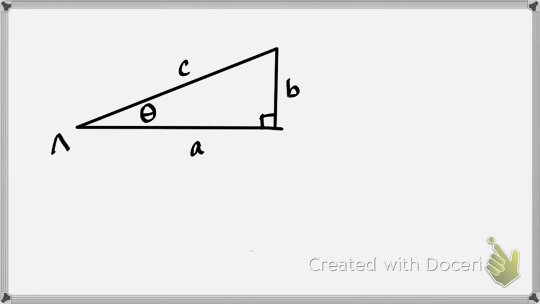If I call this A, this B, and this C, you usually give capital letters to angles, and the sides opposite, so this would be considered lowercase c. The side opposite angle A would be lowercase a, and the side opposite B would be lowercase b. Now I need those side lengths to be able to talk about the next thing.